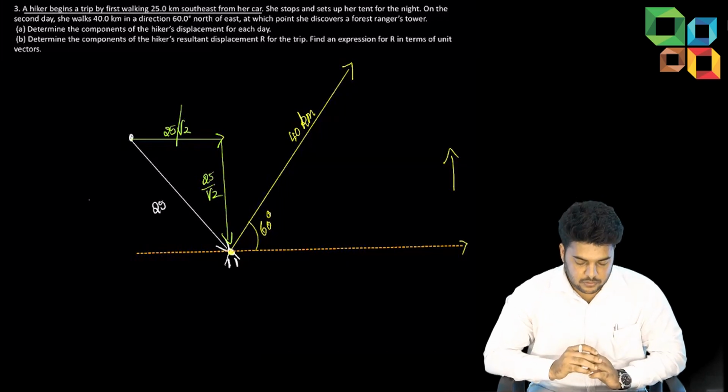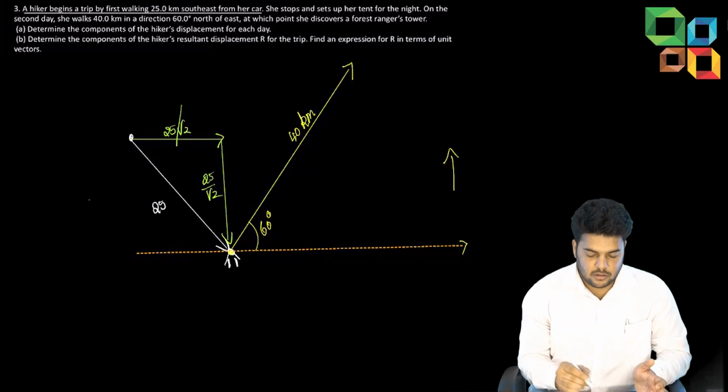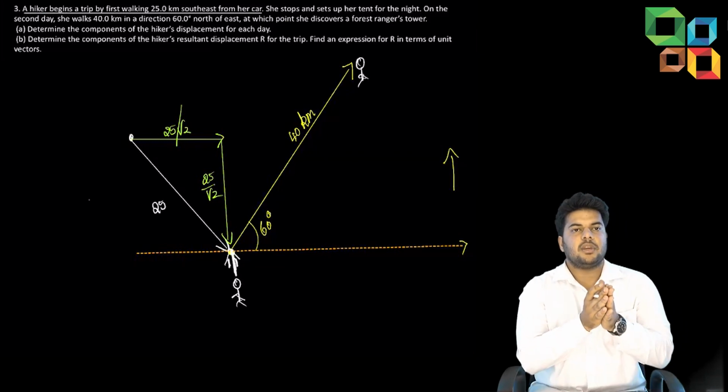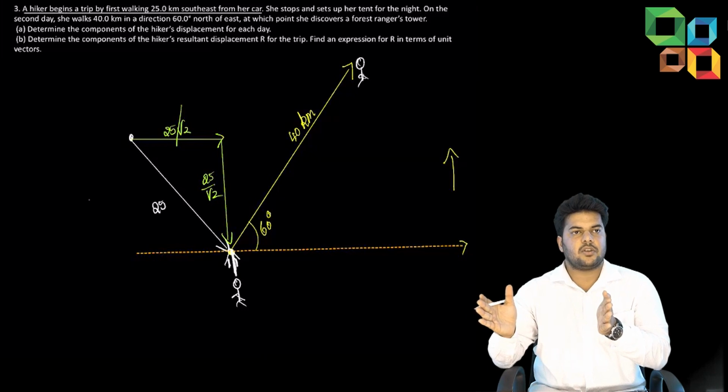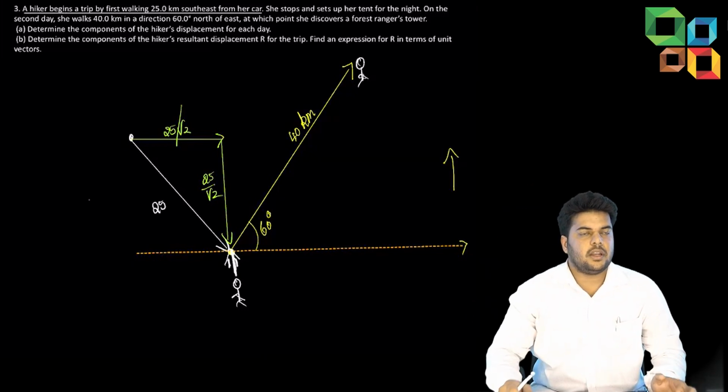We have to figure out how much she has walked eastward. Look, if she's originally over here, this is where she is going to end up. I want you to tell me how much towards the east she has gone and how much towards the north she has gone. Do you understand that statement there?